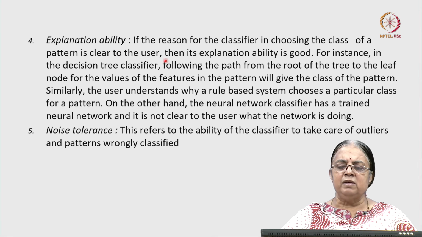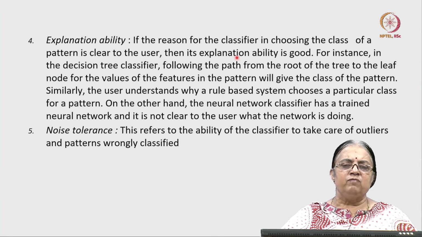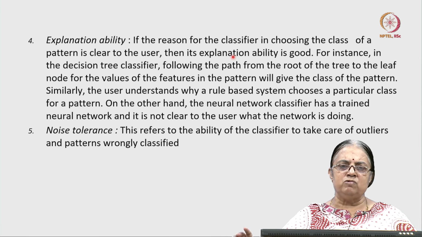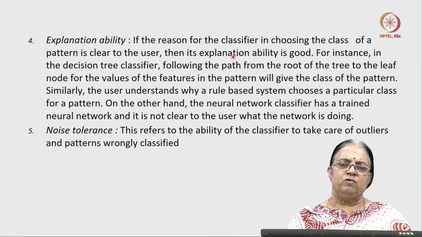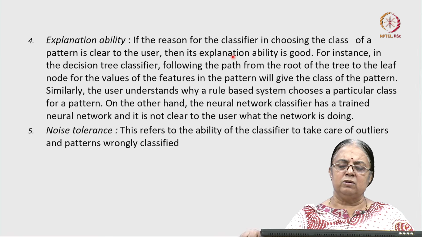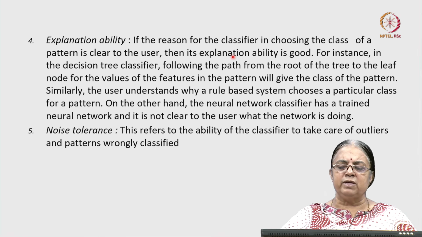For example, if you take a decision tree classifier, if you follow the path from the root node to the leaf node, it gives you all the rules that have been used, right, and that will give you an explanation.